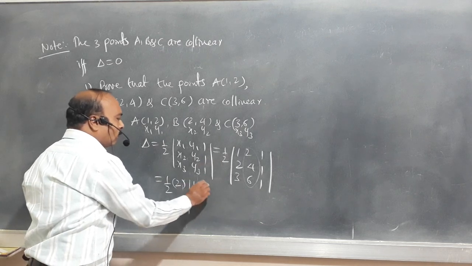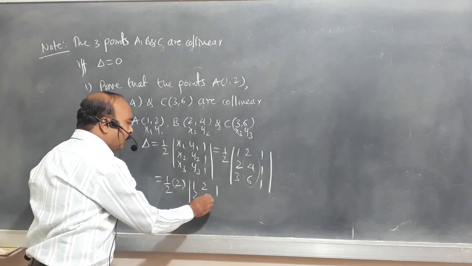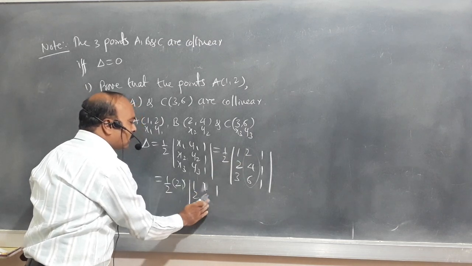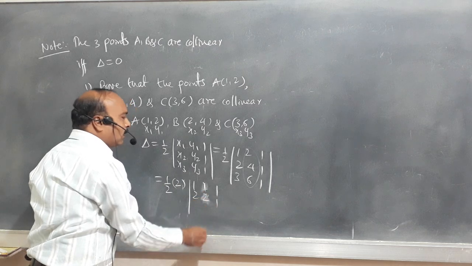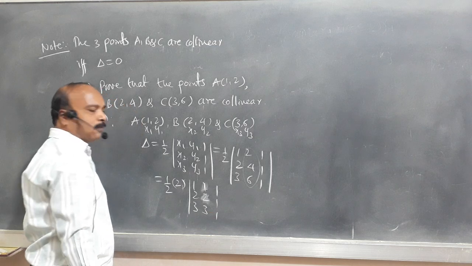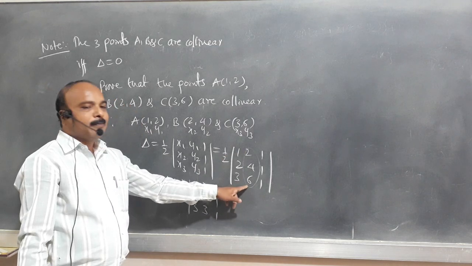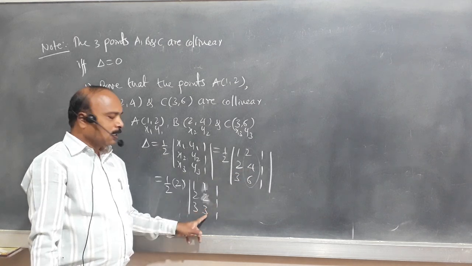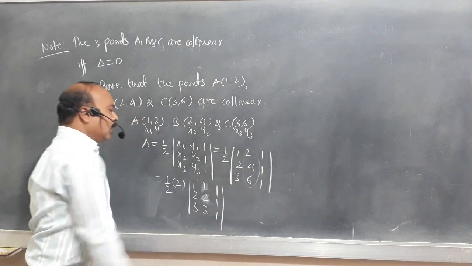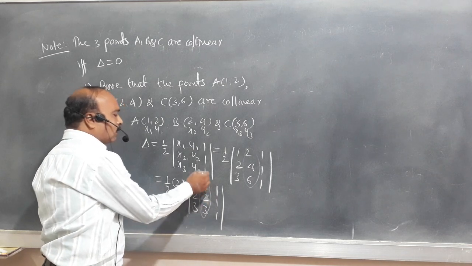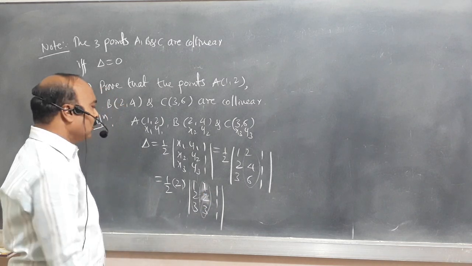The rows are 1 1 1, 2 2 1, 3 3 1. If we take 2 common from this column we get 1, 2, 3. Now we observe that the 2 columns are identical, C1 and C2 are identical.